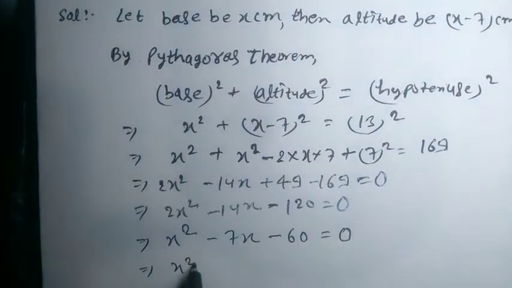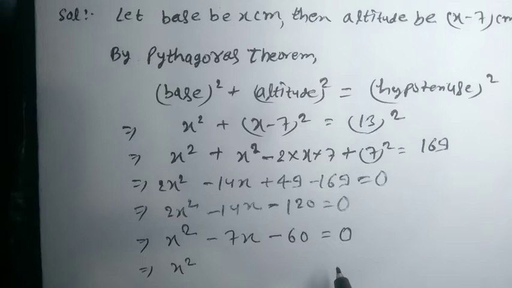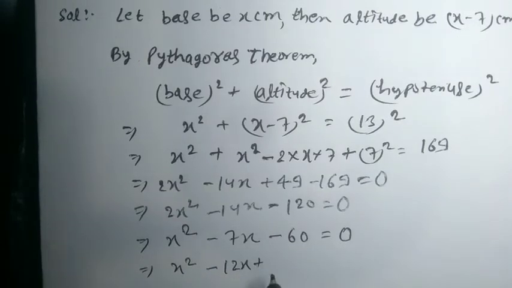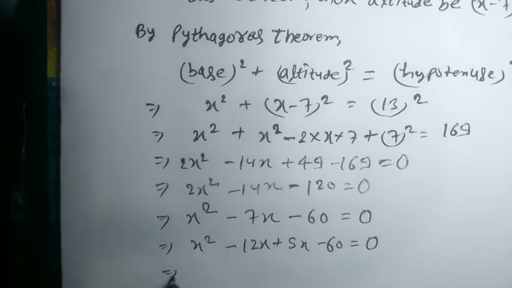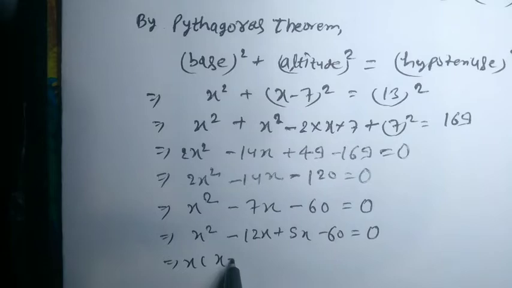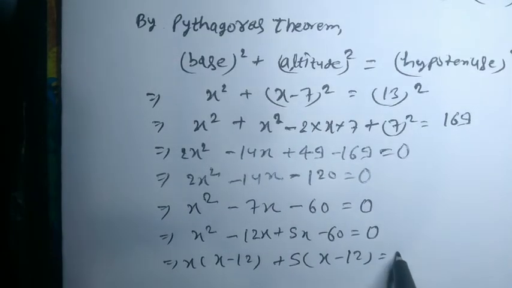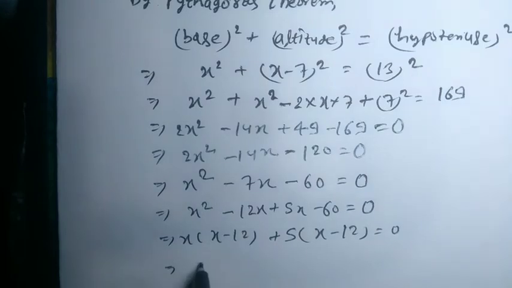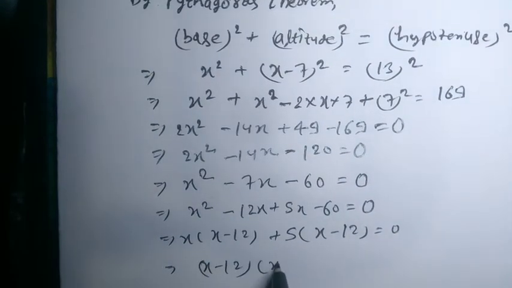Now we write x square, 12 into 5 are 60, so minus 12x plus 5x minus 60, that is equal to 0. Implies x is common, then x minus 12, plus 5 is common, then we get x minus 12, that is equal to 0. Implies x minus 12 is common, then we get x plus 5 is equal to 0.